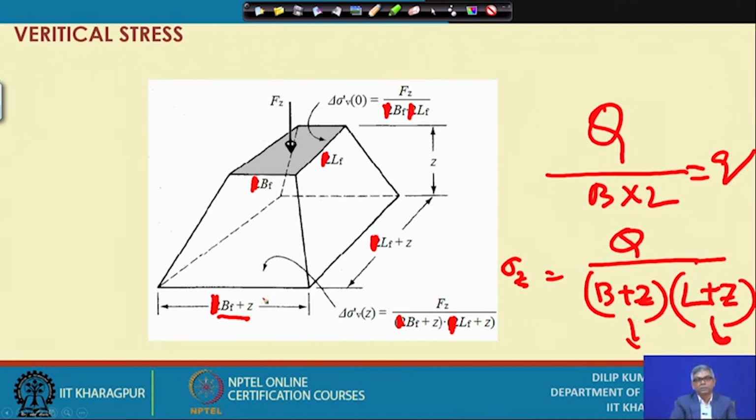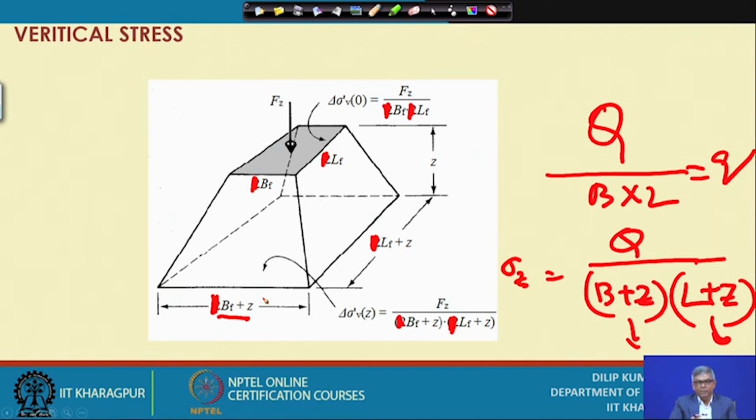That is the way we sometimes calculate pressure approximately at any depth. Unlike the other methods we have discussed, which we use when we have enough time and scope, for most approximate calculations we follow this trapezoidal distribution.